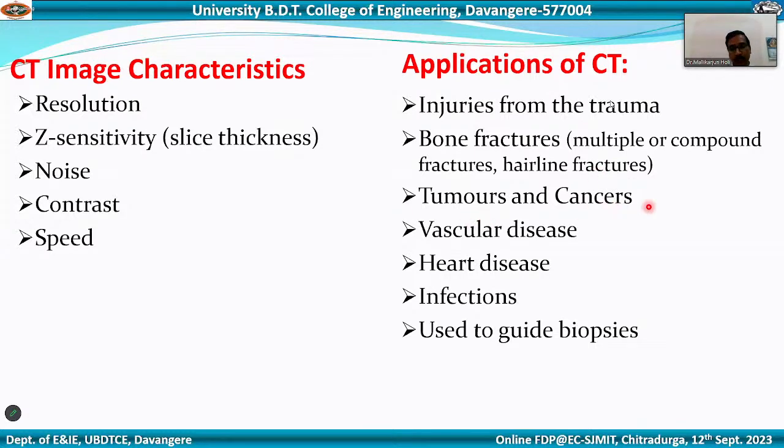Tumors and cancers in any part of the body, particularly in the brain, and vascular disease, meaning any disease related to the vessels, heart disease, infections. It is also used to guide biopsies. Suppose you want to remove certain tissue for a biopsy, CT can be used at that time.